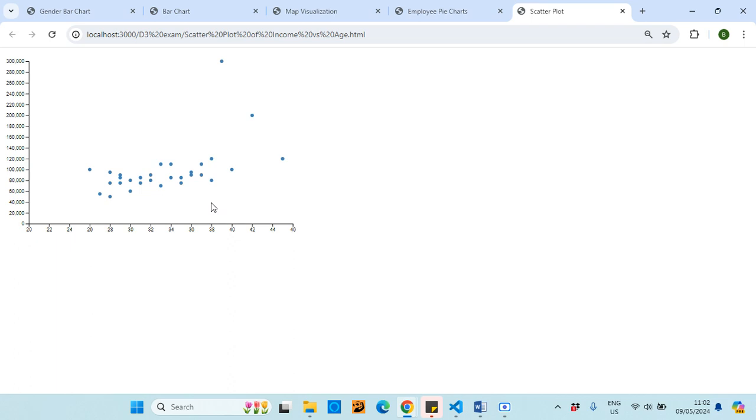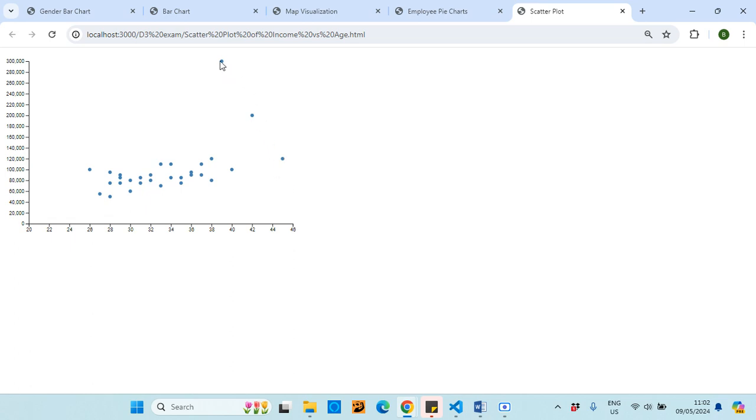So we could ask, which age brackets have higher income? Is it in your early 20s where people get higher income? Is it mid 20s? According to this, it shows early 40s.